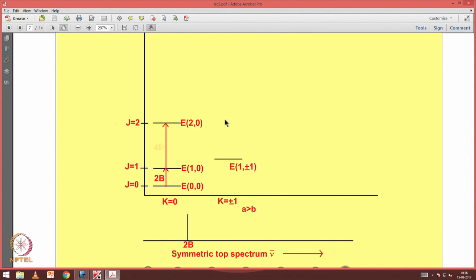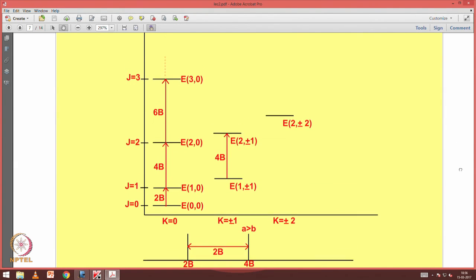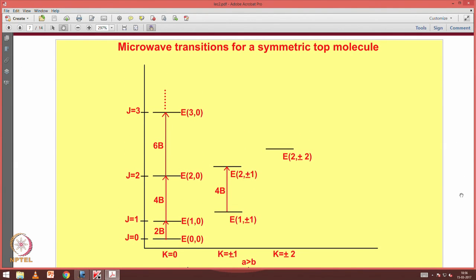For j is equal to 2 you will have three energy levels, 2 0, 2 plus minus 1 and then 2 plus minus 2, one more level. And likewise for all the others, for j is equal to 3 you will see 4 energy levels, namely 3 0, 3 plus minus 1, 3 plus minus 2, 3 plus minus 3.